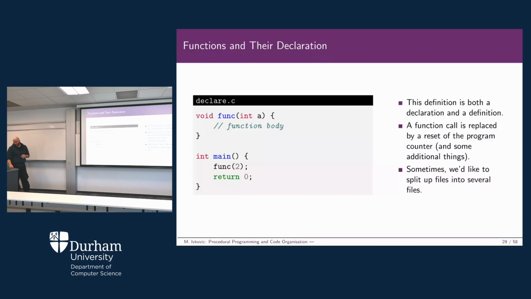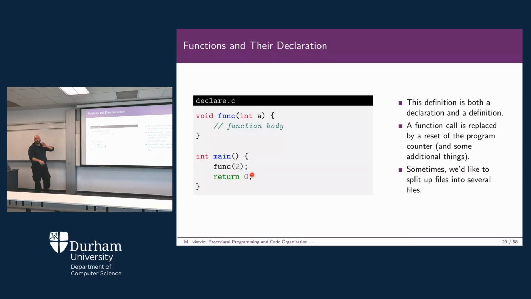This void func here with some function body, we do something in here. This is both a declaration and a definition, because we don't declare it anywhere else before, but we already define what it contains. Right?